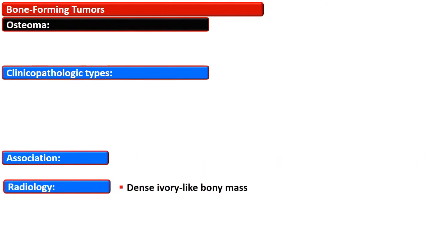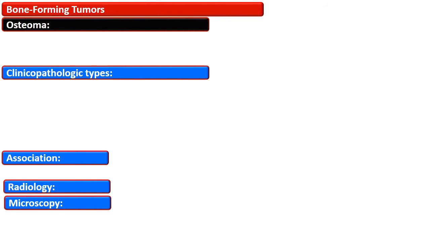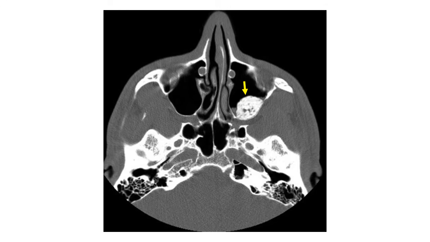On radiology, they look like a dense ivory-like bony mass, and on histology, they are well-differentiated, mature, lamellar bony trabeculae separated by fibrovascular tissue. This is a CT image of osteoma.